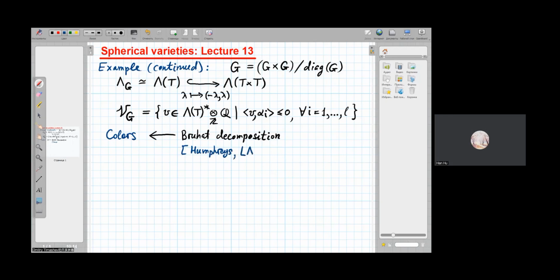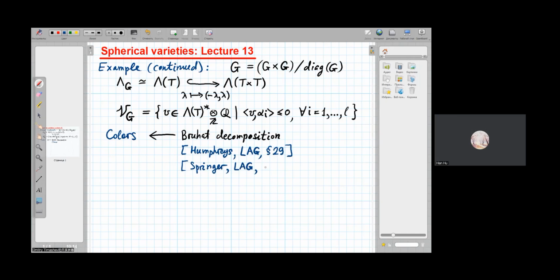Linear Algebraic Groups, in section 29. Another good reference is the book of Tonny Springer, which I also mentioned in the reference list. The title of the book is the same, Linear Algebraic Groups.